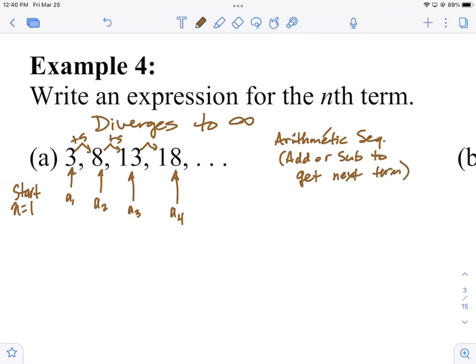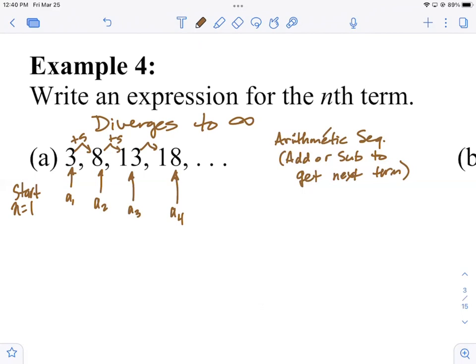Well, think about it. If I want to write a rule that generates it, plus 5 plus 5 plus 5 plus 5. If we wanted to add 5 over and over and over again, isn't there an abbreviated way to do repeated addition? Multiplication. Very good. So arithmetic sequences, which are add or subtract to get the next term, turn into multiplication or linear rules of sequence.